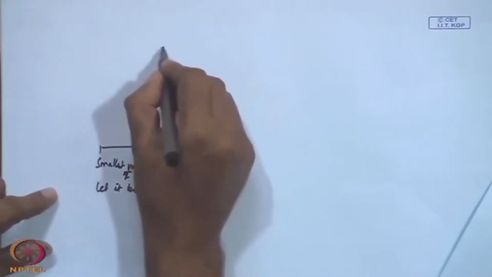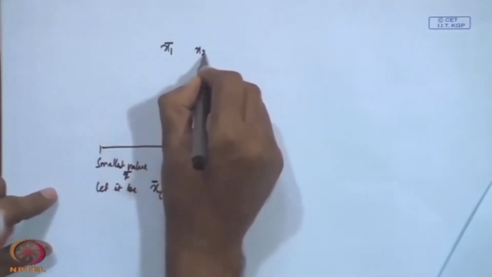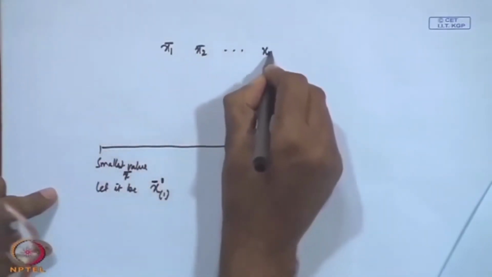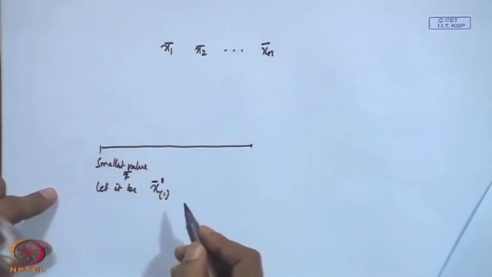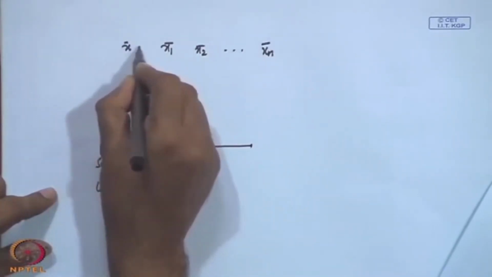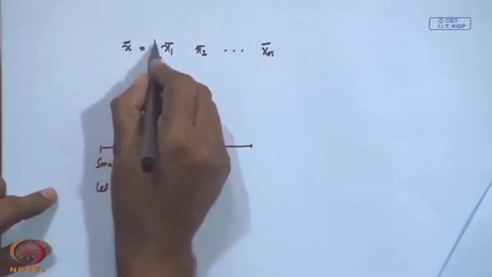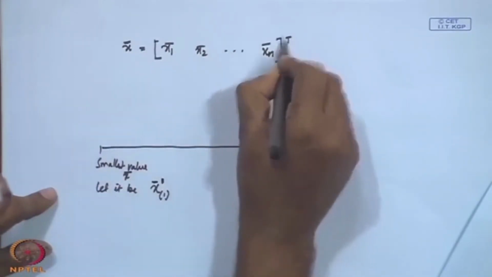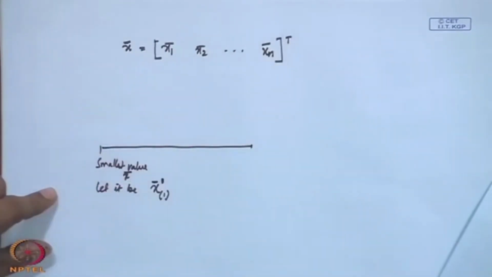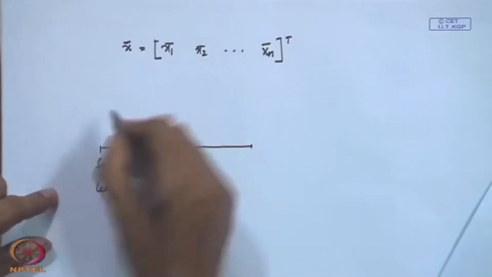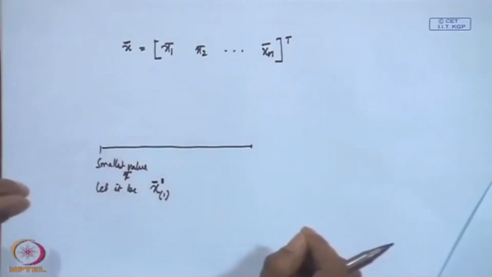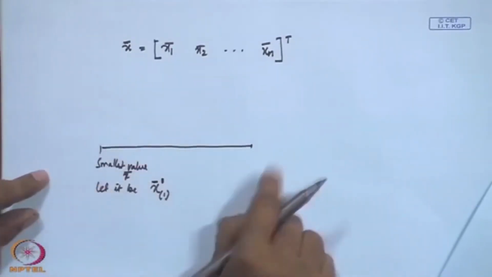Originally you have x1 bar, x2 bar, like this up to xn bar. If I say this is a vector x bar, where T stands for transpose, then you order them from smallest to largest.